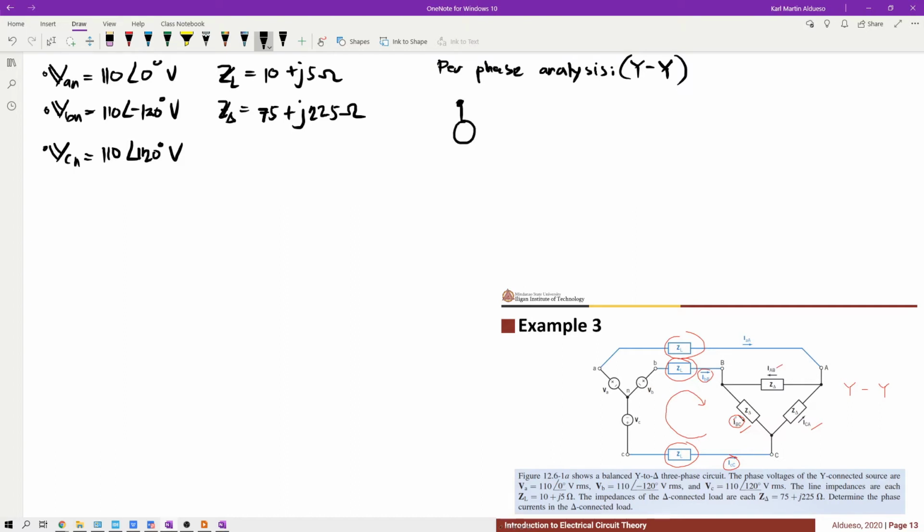We have here our ZL, Z line, and we have right here our Z delta over 3.